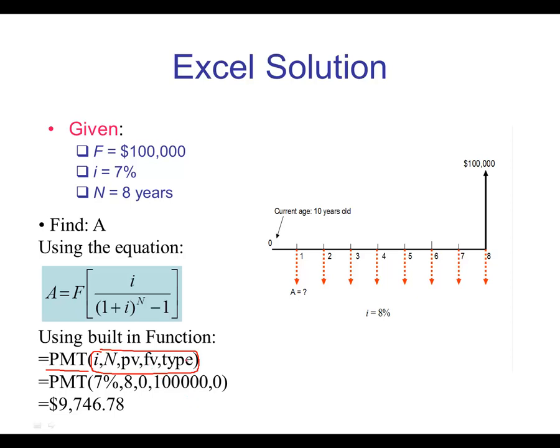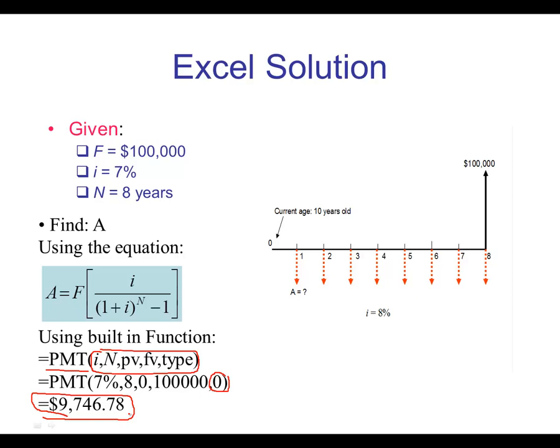FV, future value, is 100,000, and the type is at the end of the year. As you can see here, the payment should be done at the end of the year. That's why I used 0. Applying that in Excel, you should get the same value, which is 9,746 and 78 cents.